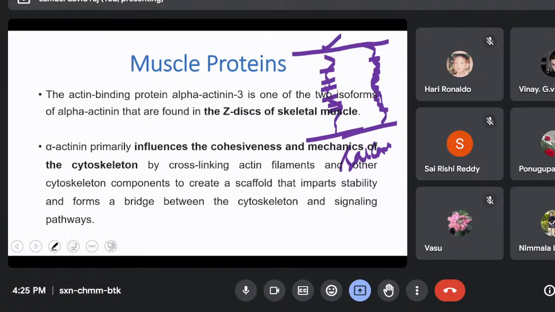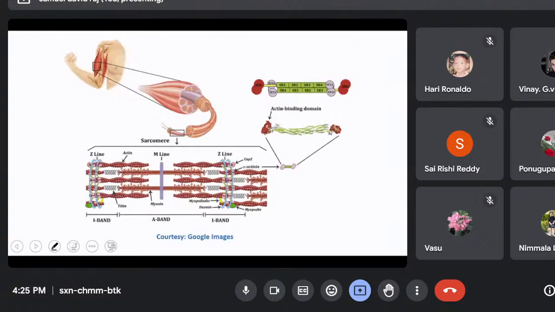These Z lines are responsible for holding the actin and myosin filaments during the process of muscle contraction, and that support is provided by the alpha actinin protein present in the Z line. Here, alpha actinin is present in the Z line and desmin is present at the end of the Z line.